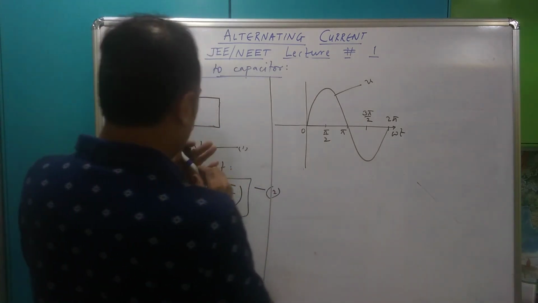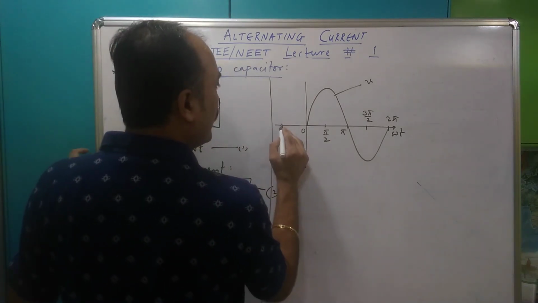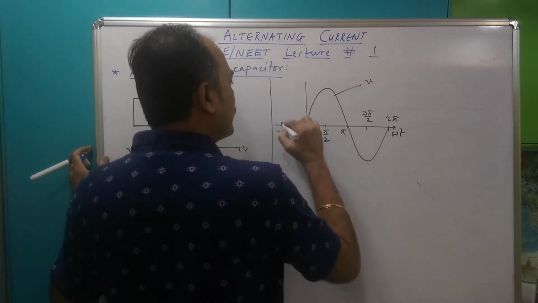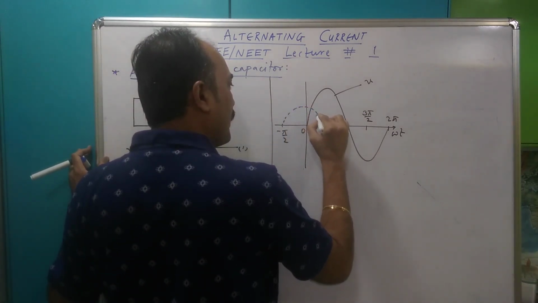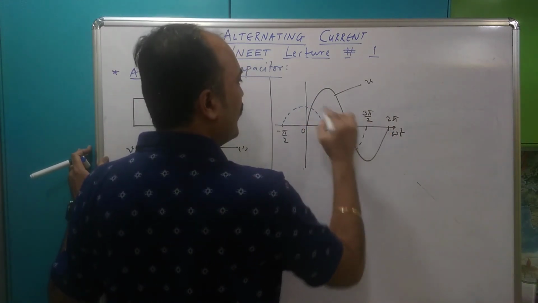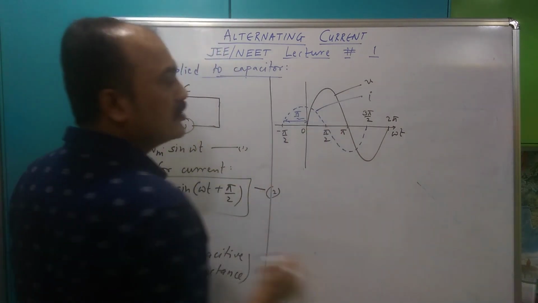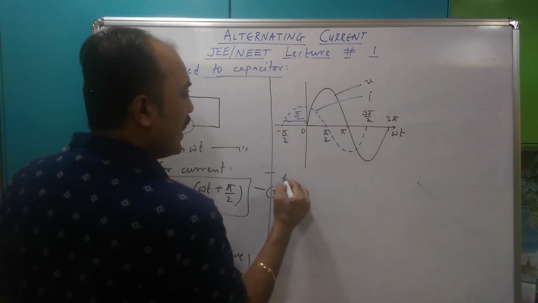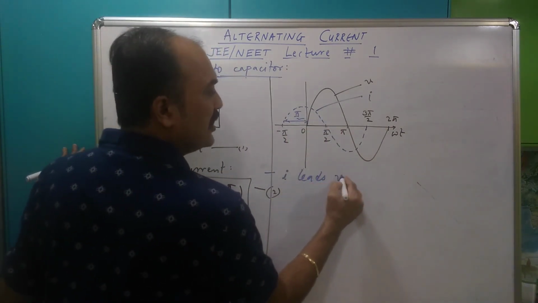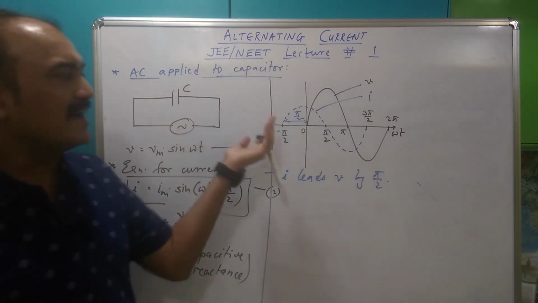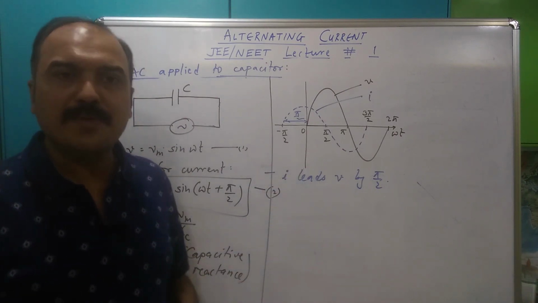So my graph has to start before voltage. So my graph starts from here. As I said, this is pi by 2. So what is going to be my statement? I leads V by pi by 2.